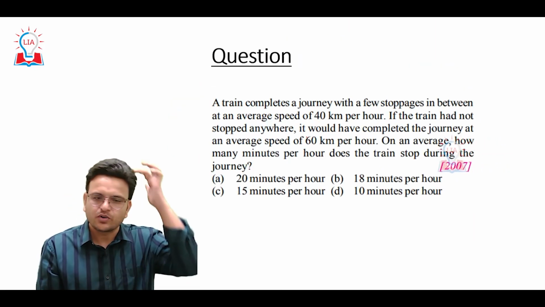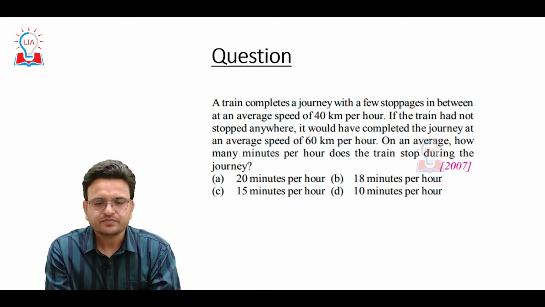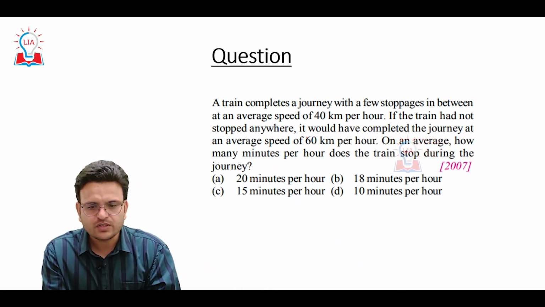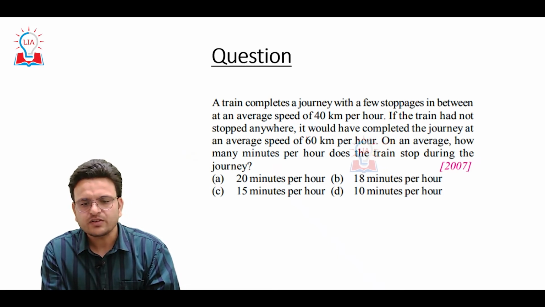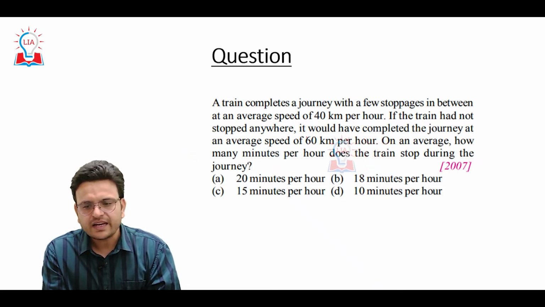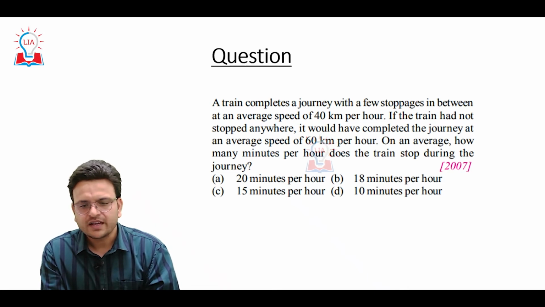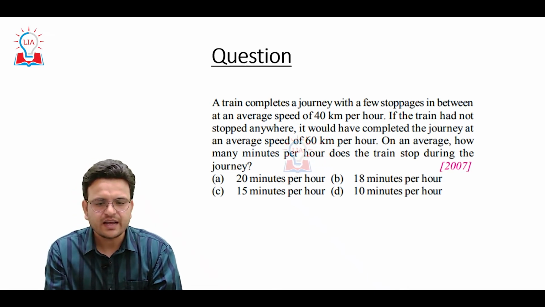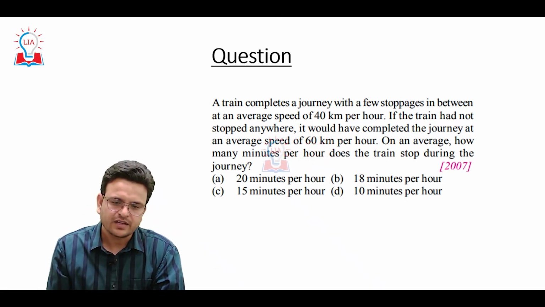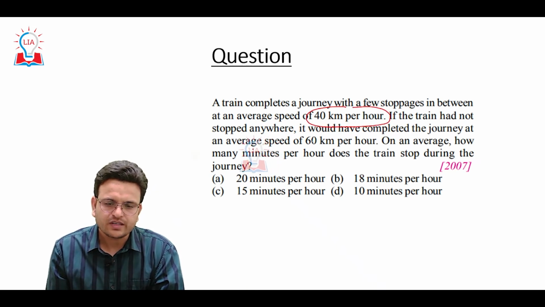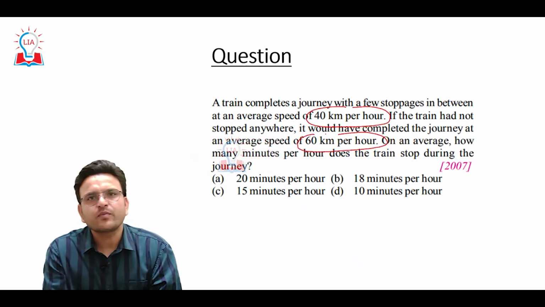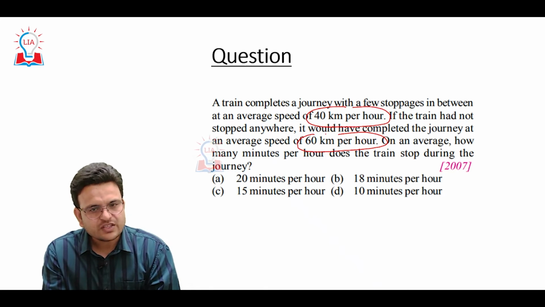Now come to one more question. A train completes a journey with a few stoppages in between at an average speed of 40 km per hour. If the train had not stopped anywhere, it would have completed the journey at an average speed of 60 km per hour. I gave a very good concept. Whenever such type of question comes, we have to assume the length.